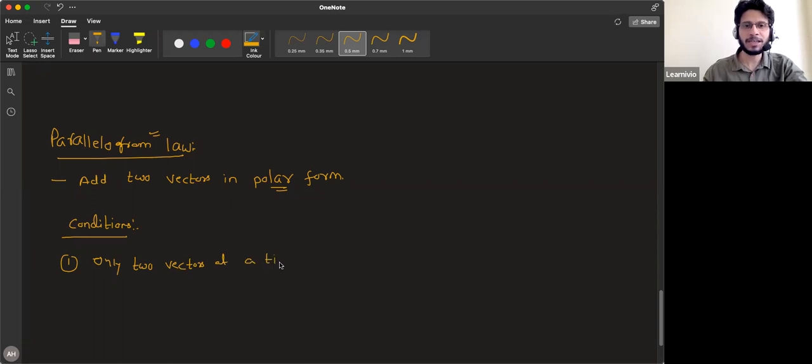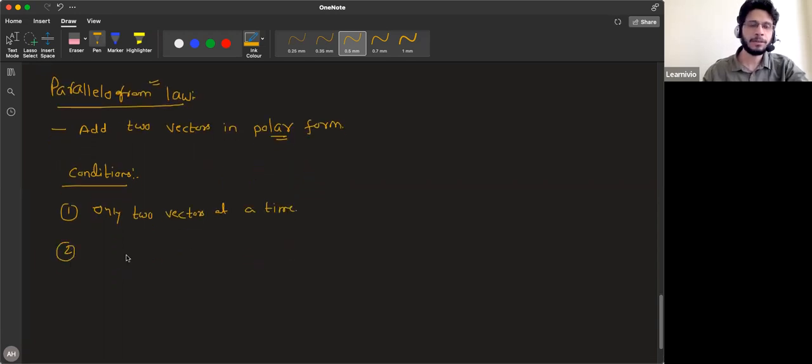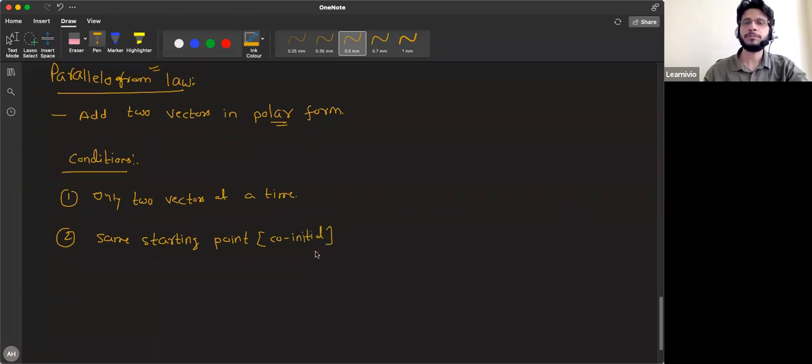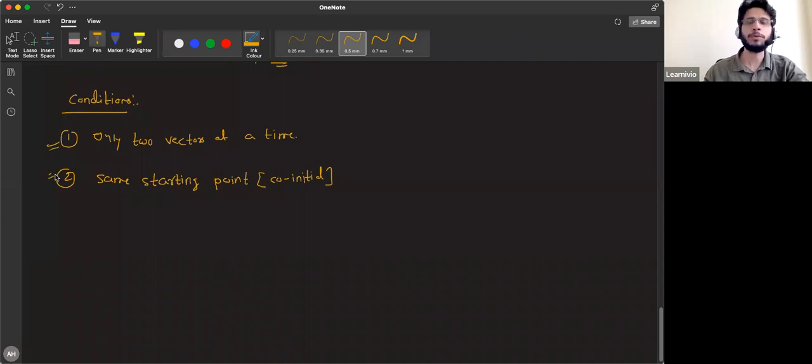You can't simultaneously add 3 or 4 vectors using the parallelogram law. Second, the vectors should have the same starting point. We call these types of vectors co-initial vectors.